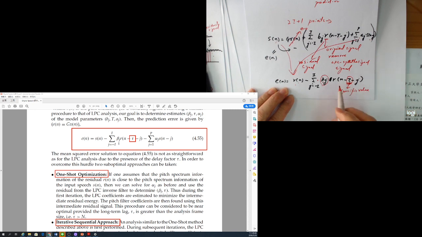So this looks like a linear prediction, which becomes a matrix equation. We try to figure out the matrix solution. Solving linear prediction becomes a matrix problem, so we try to find the inverse matrix if tau is given.